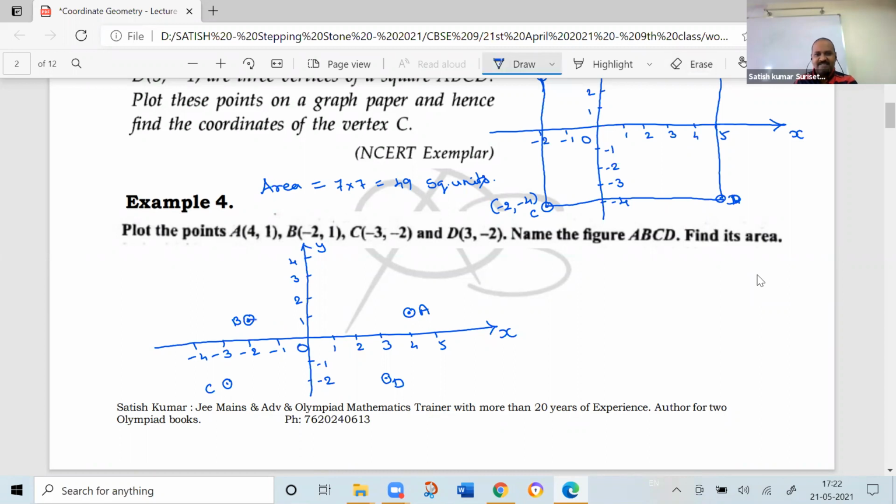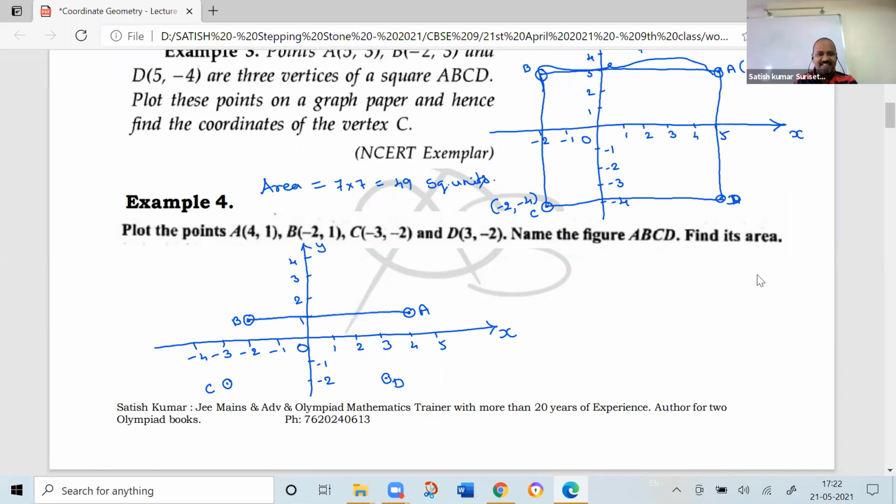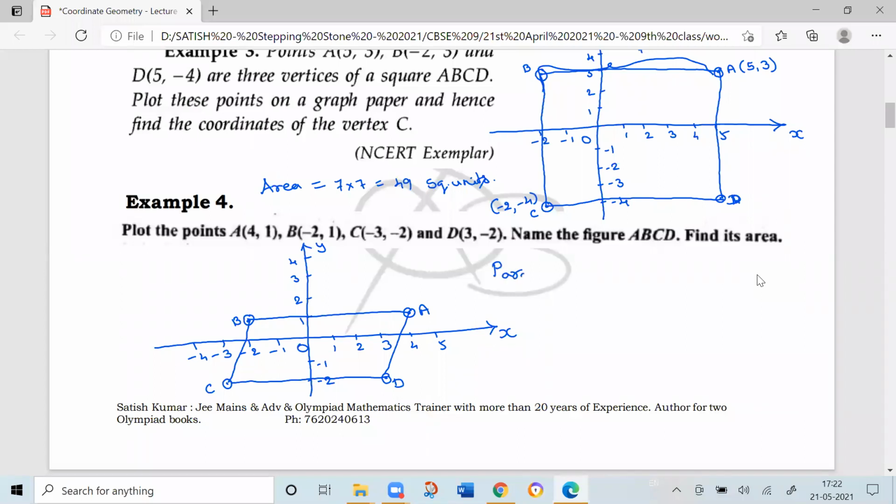Tell me. Are you drawing or not? What is the name of this figure? ABCD. It's a quadrilateral only. Specifically, it is a what? Parallelogram. Correct. It is a quadrilateral only, but you have to write the specific name.